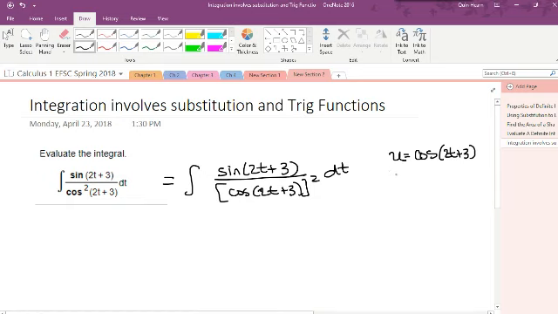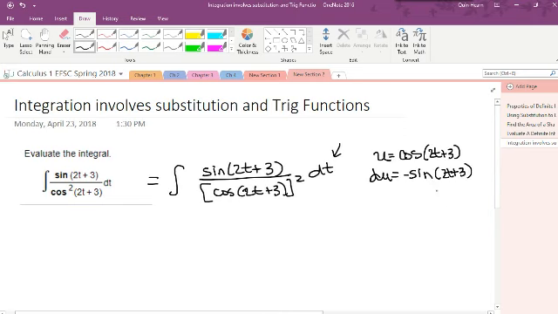But remember, when you do that substitution, you have to find du, and it will be equal to something involving dt. So du, the derivative of u, remember the derivative of a cosine is negative sine, but in this case we have the cosine of a quantity, so we're going to have to use a chain rule. It's going to be negative sine of 2t plus 3, that stays the same, but then you multiply by the derivative of the inside.